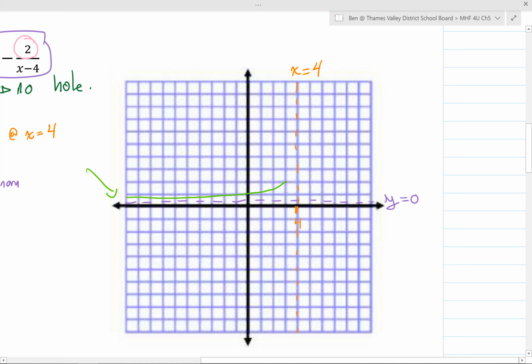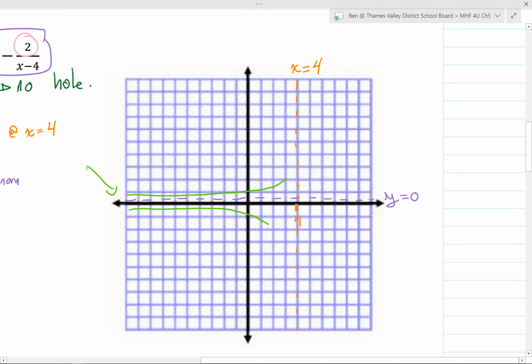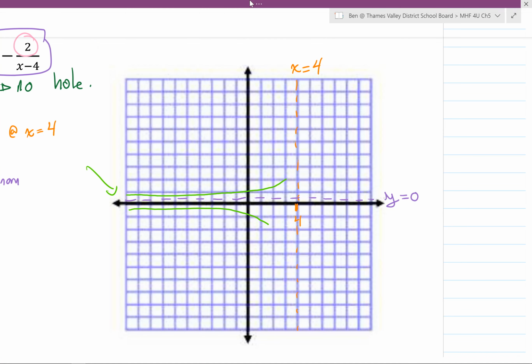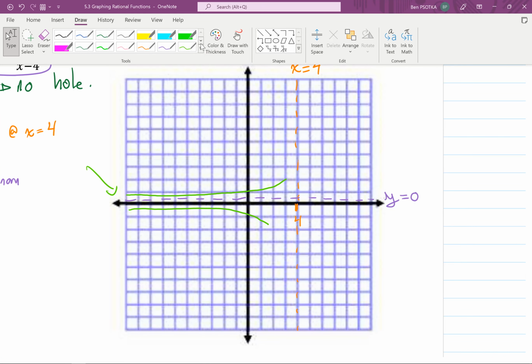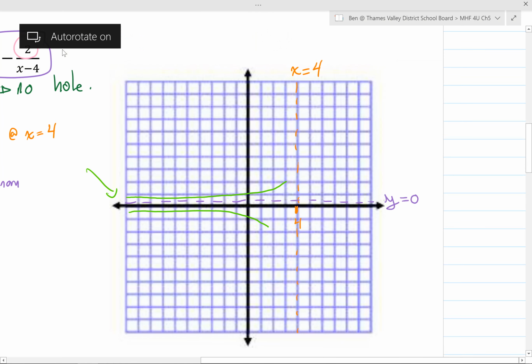So my function might be above, my function might be below. It's one of those two bright green lines. Next, as I approach my vertical asymptote, my function can approach it as y approaches positive infinity or negative infinity.